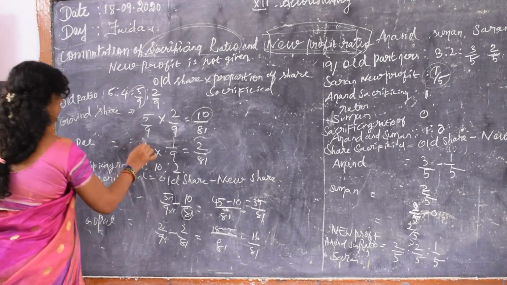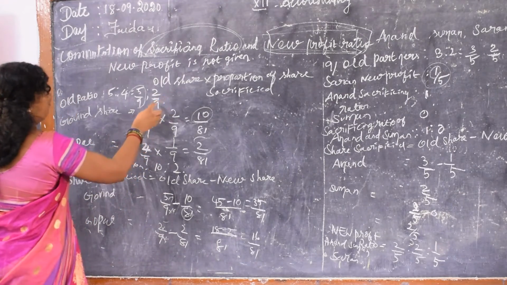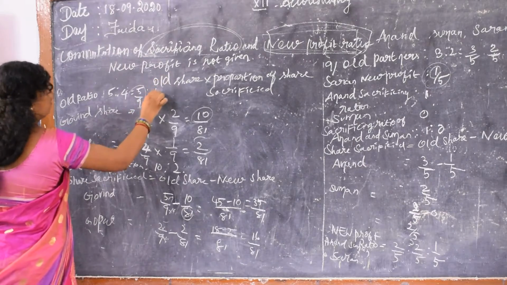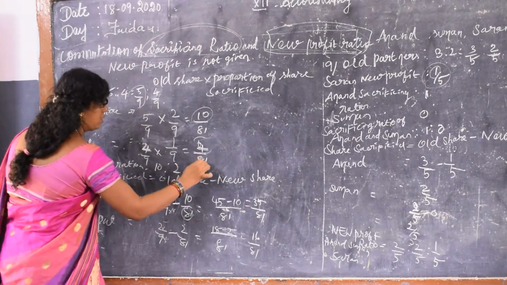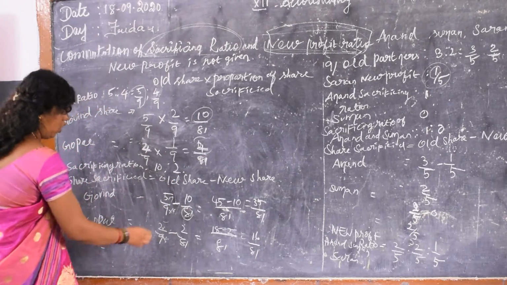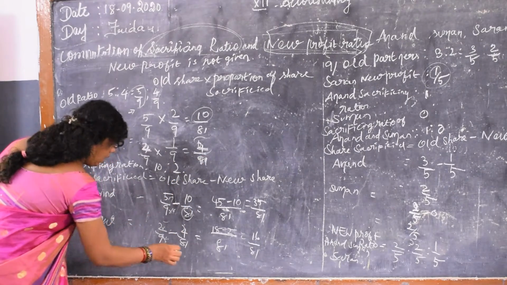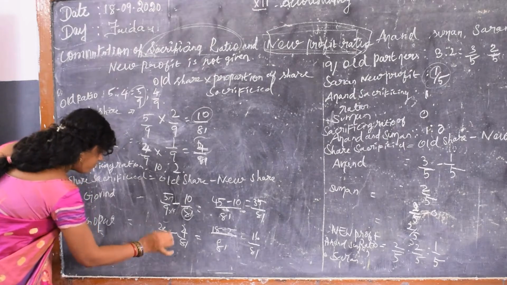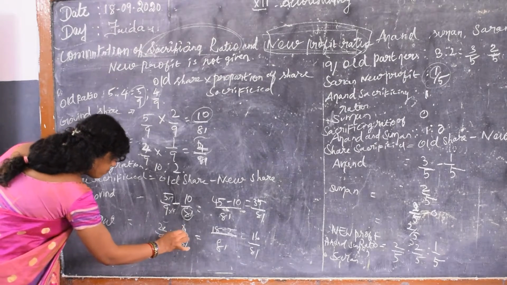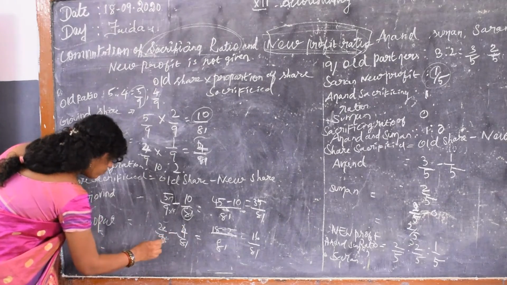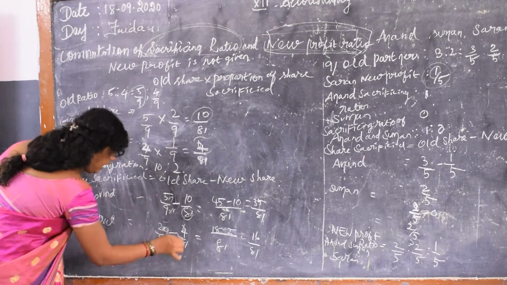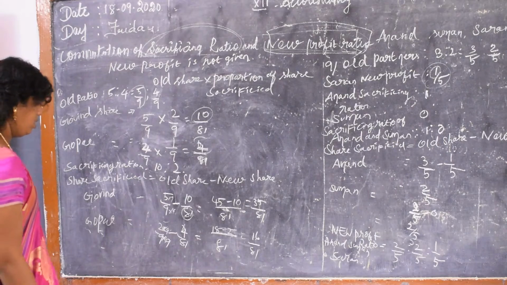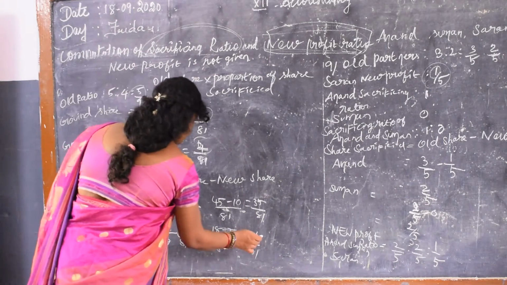Here I made some mistakes earlier while rushing, with 5/9 and 4/9. 4/9 into 1/9 is 4/81. So 4/9 minus 4/81 gives 32/81.